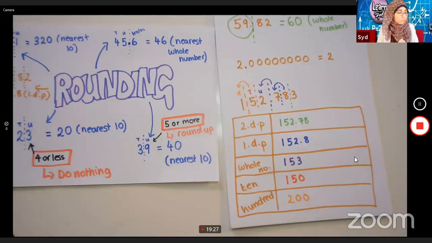Now, if you're going to be painting a house, for example, and that's how many liters of paint you need to paint a whole school, you're going to need that 152 liters to paint a whole school. You would get more paint rather than getting less paint. So you'd probably round it up, and you'd always round it up. You wouldn't round it down in that particular case. So it just depends on what you need to be doing.